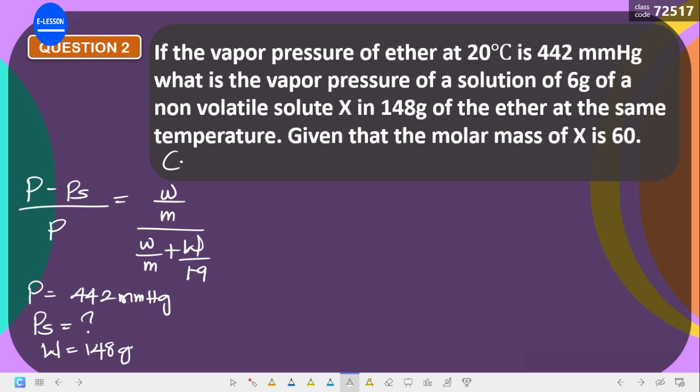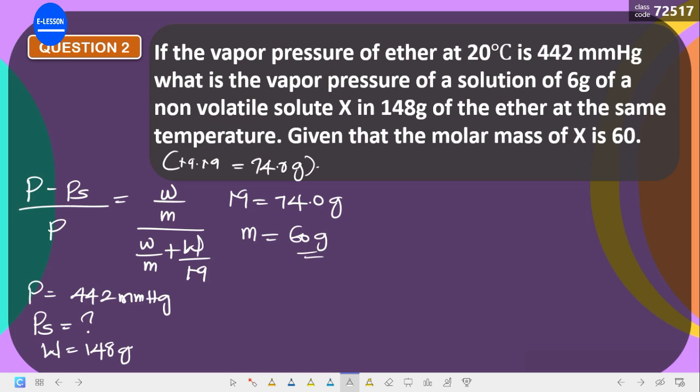The molar mass of ether is supposed to be given. Molar mass of ether is given as 74.0 gram. Molar mass of ether is given by capital letter M, right? 74.0 gram. And then we are given the molecular mass of the compound, which is small letter m, as 60.0 gram.